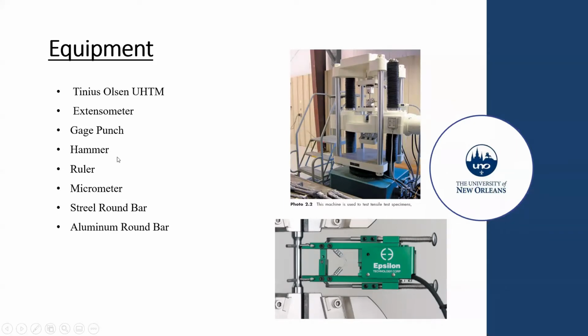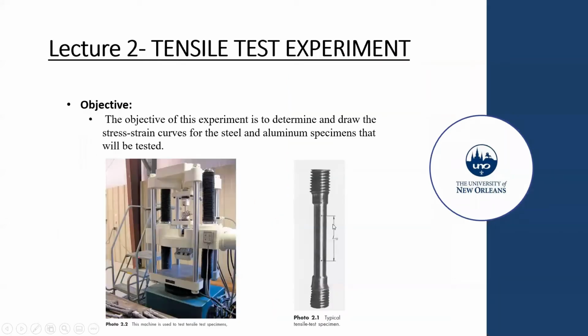And then we will use a gauge punch. The gauge punch is going to help us punch two holes on a specimen. If you go back to previous slides, in this specimen, L0 stands for gauge length. In order to measure this gauge length, we have to punch two holes and measure the distance between them.